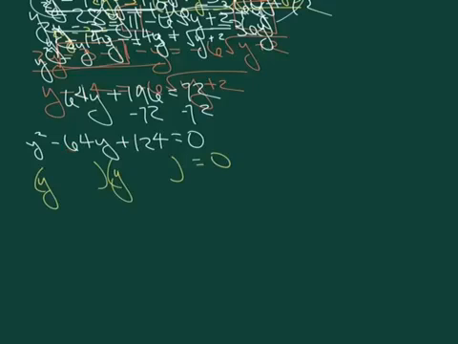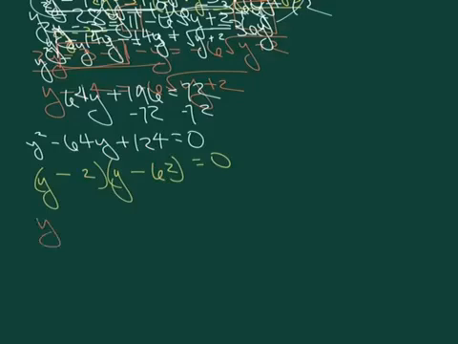And I'm just going to put the answer down here rather than go through each of the ones we do. So it would be 2 and 62, both negative, because negative 62 times negative 2 is positive 124. Negative 2 plus negative 62 is negative 64.